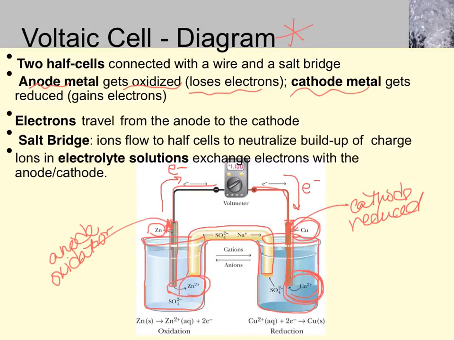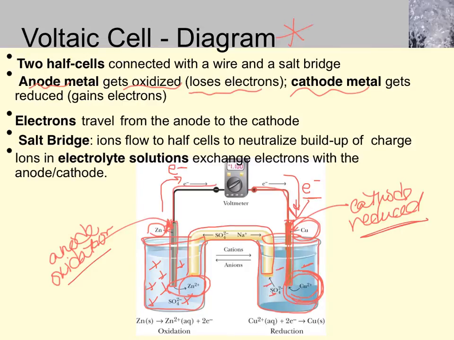So what type of charge builds up in the oxidation half cell? Because you're giving away electrons, you have a positive charge that's building up in the anode, in the oxidation half cell. Similarly, because you're adding electrons to the reduction half cell, it's building up a negative charge.